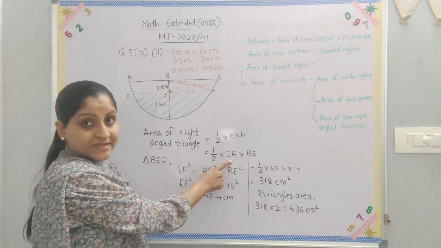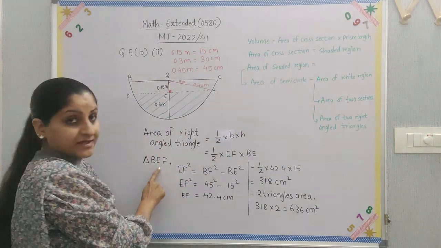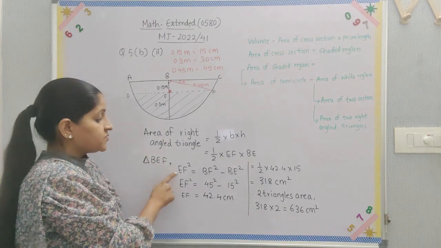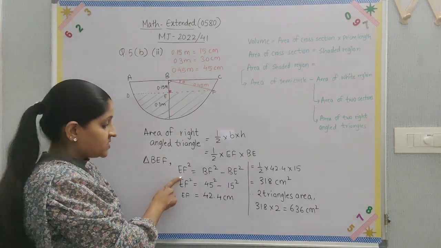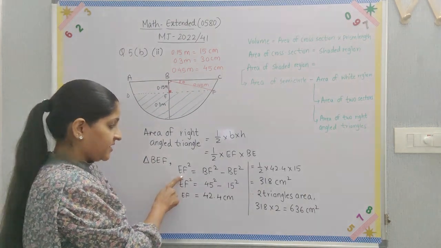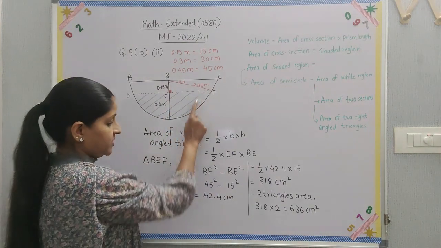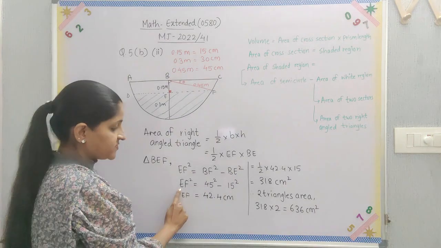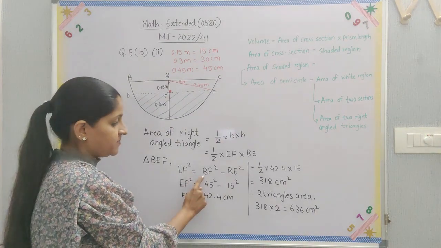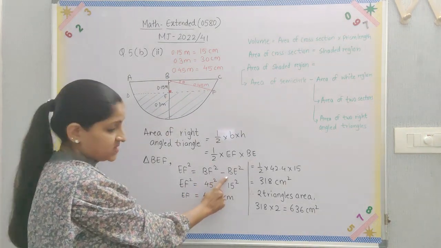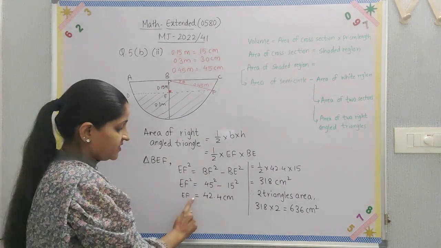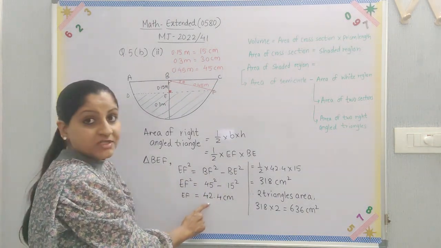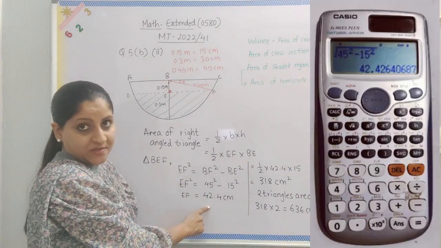To calculate EF in the right angle triangle BEF, we are going to use Pythagoras theorem. Using Pythagoras theorem, EF is the base side over here, and BF is the hypotenuse. So EF square will be obtained by BF square minus BE square, and after solving, we get the answer as 42.4 centimeter.